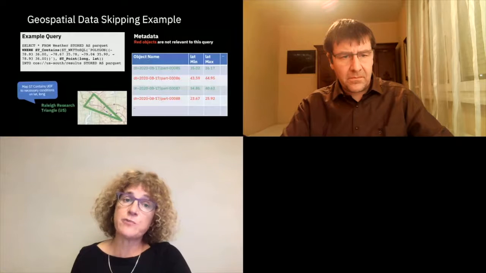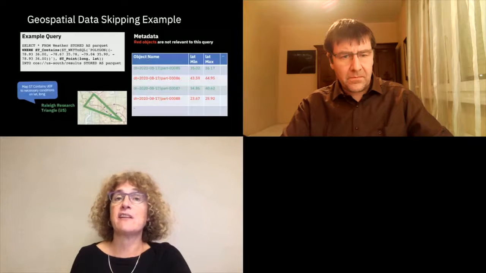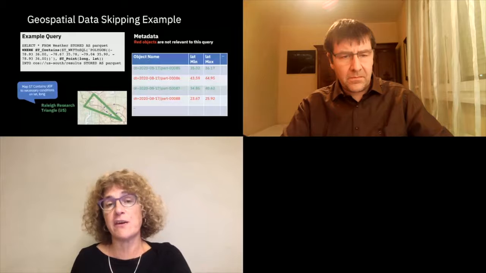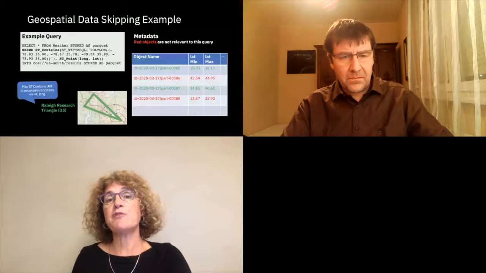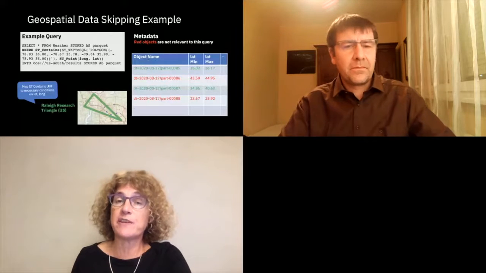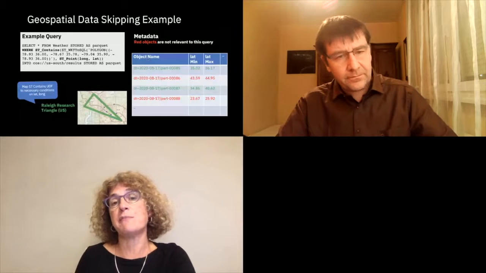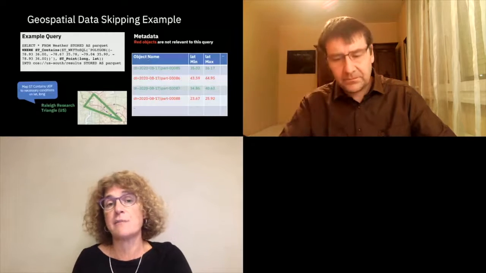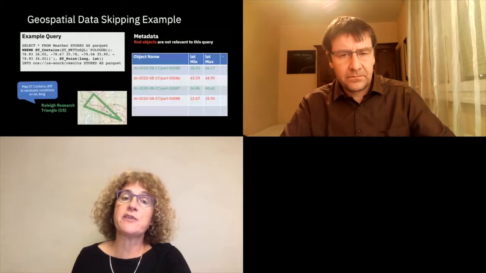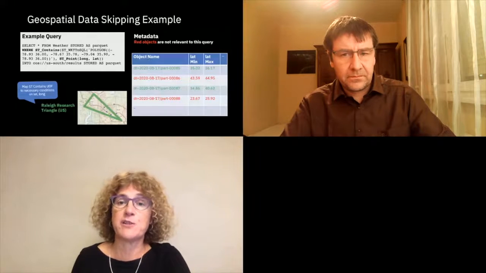To address this, we built min-max indexes on the lat and long columns, as you see on the right. To enable geospatial data skipping for queries like this, we mapped the ST contains UDF to min-max indexes on these columns. We also did this for the rest of the functions in the geospatial library.